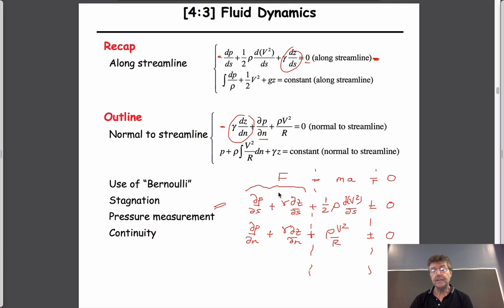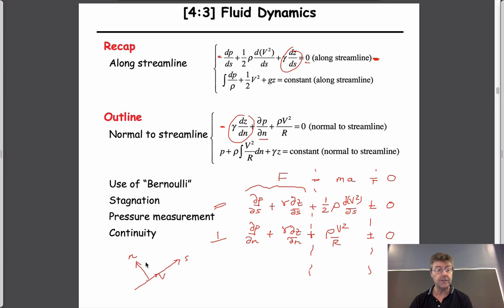If we look at what these expressions are, what are the units of this? And this is flow perpendicular to the streamline. So we have flow that looks like this. We have flow in the direction of the streamline. This is v. And we have a coordinate system. So this is in the streamline direction.